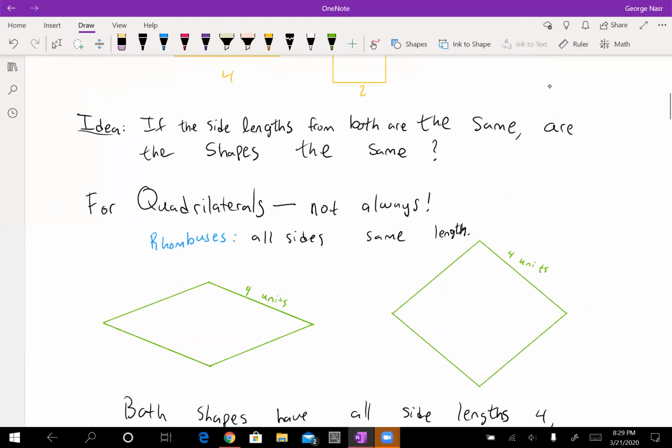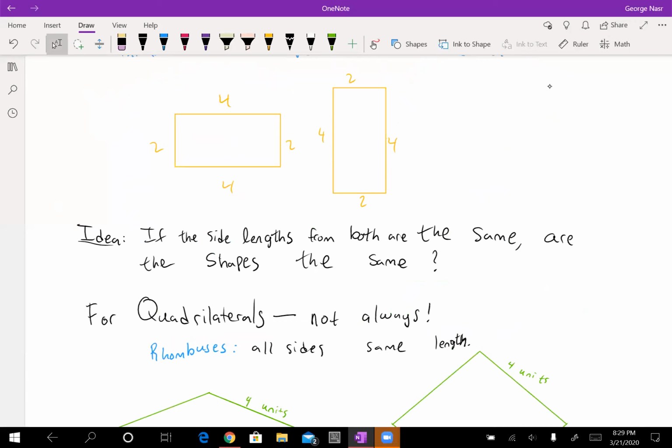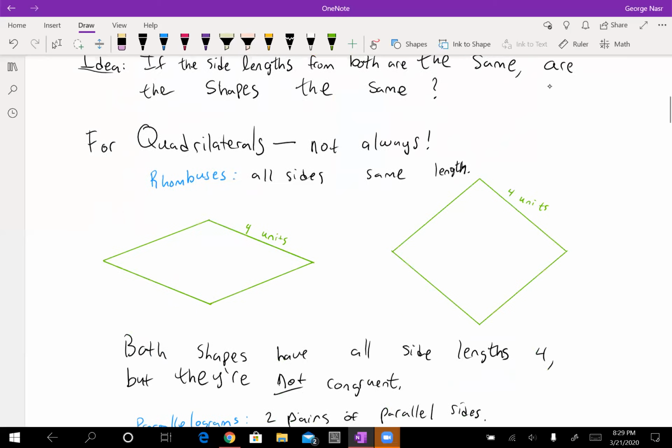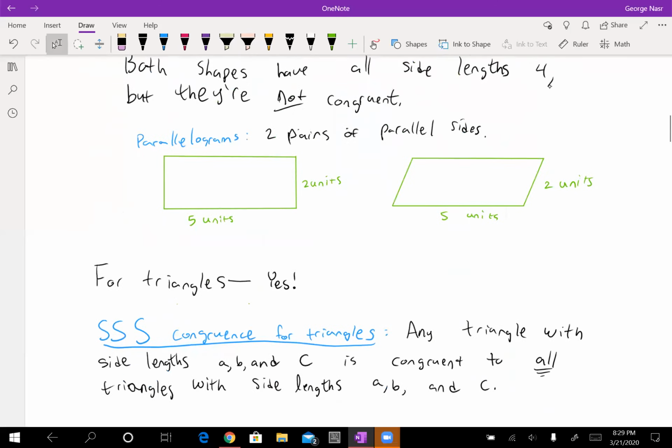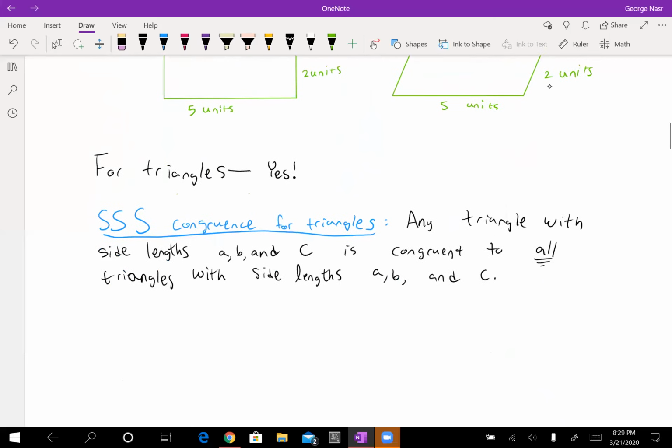So for quadrilaterals, even though we need this to be true for two shapes to be the same, just because your side lengths are the same does not mean the shapes are congruent, unless you are a triangle. In fact, there is a statement called the side-side-side congruence for triangles.